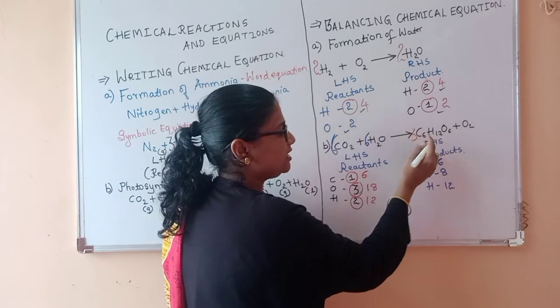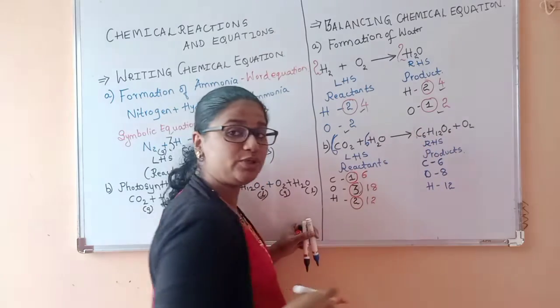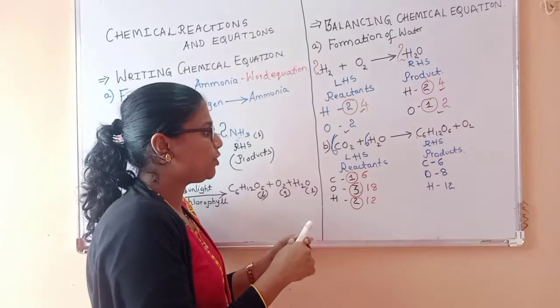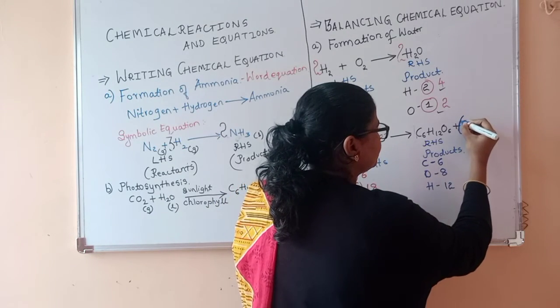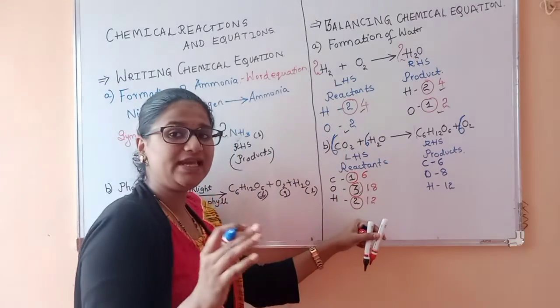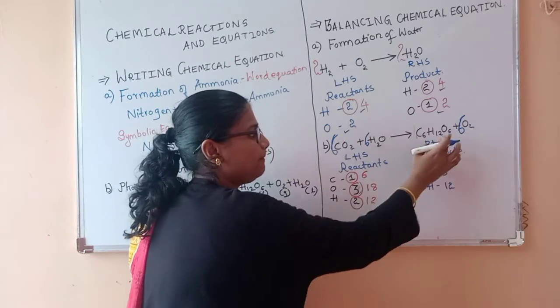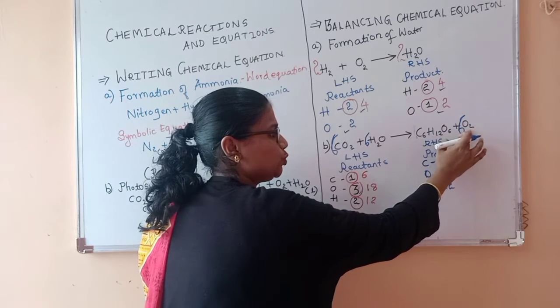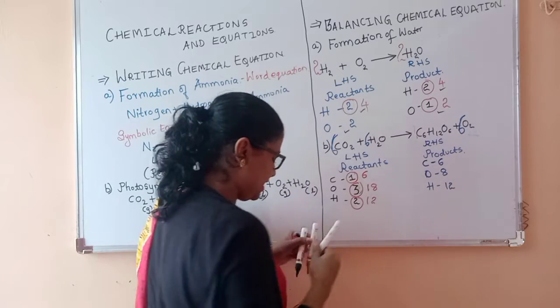If I write 3 here, 3 6s are 18 plus 2, 20. It will become 20. So what I am going to do? I am writing 6 here. When I write 6 here, 6 twos are 12 plus 6. It will be 18.